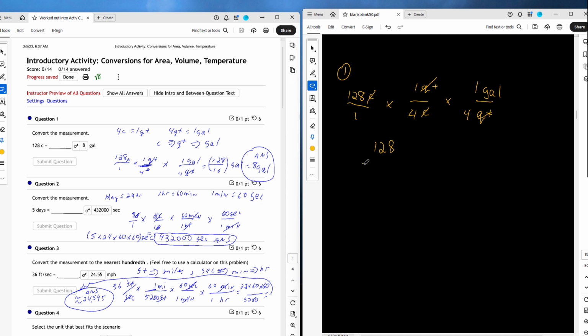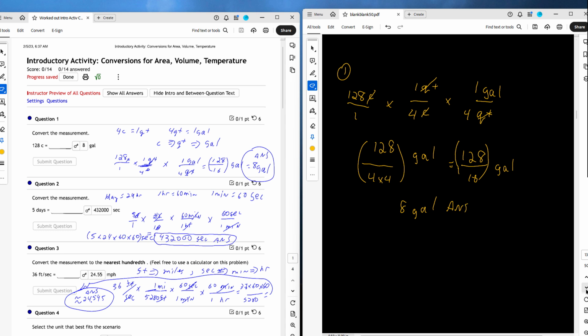On the bottom I'm going to have 4 times 4 gallons, which is 128 over 16 gallons, which is 8 gallons. And that's the answer to that particular problem there.